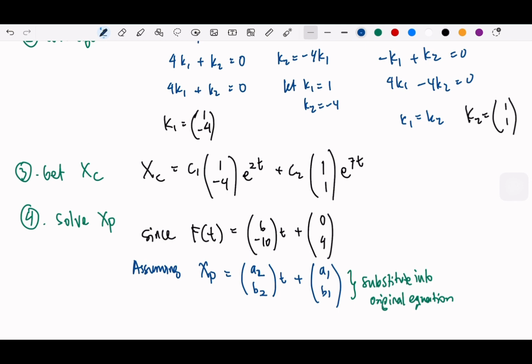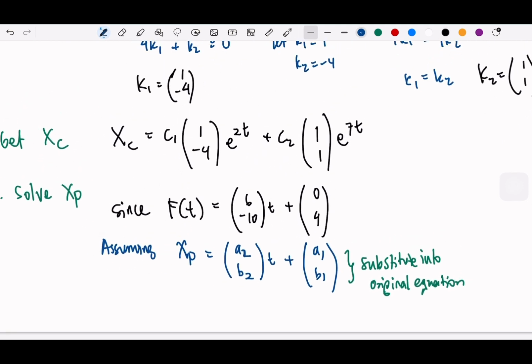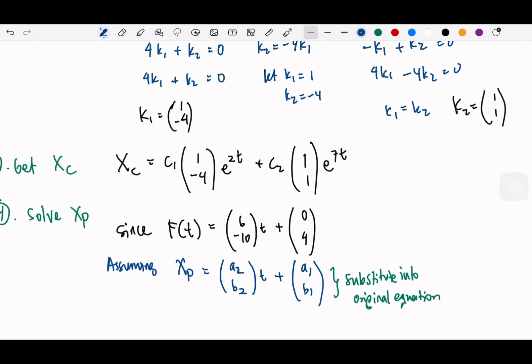Which means that since it has linear equations, we can derive xp prime, that this will be a2, b2, and the rest will be 0.